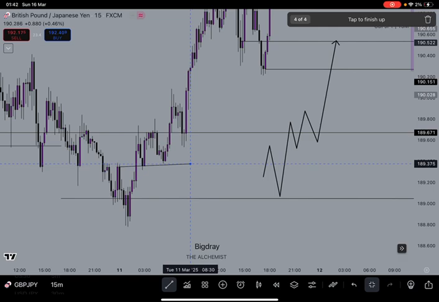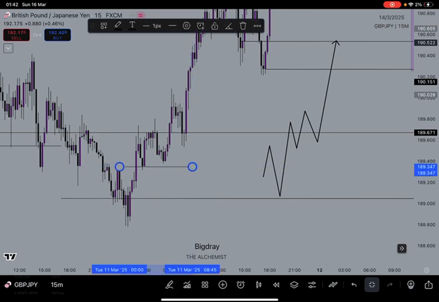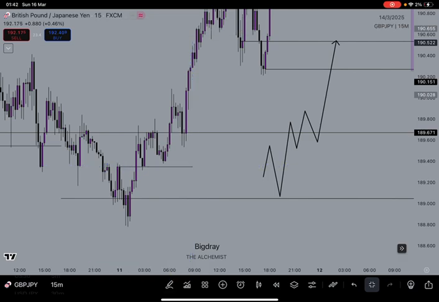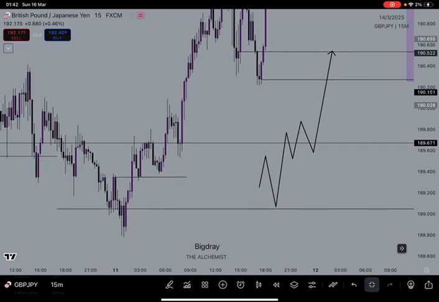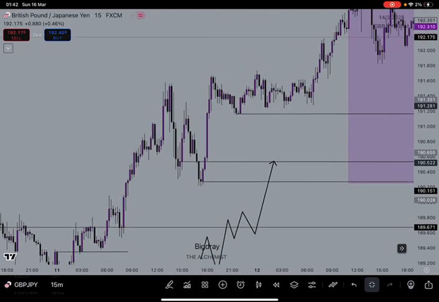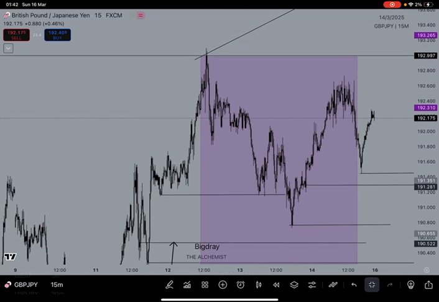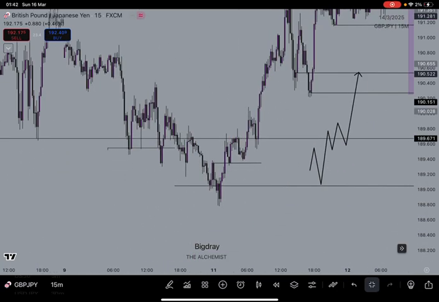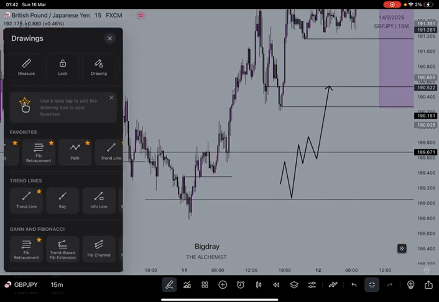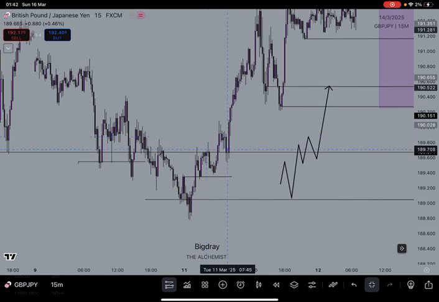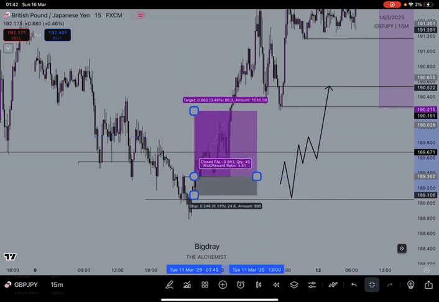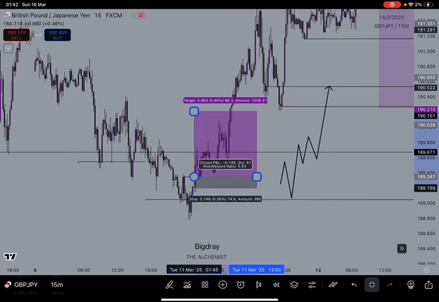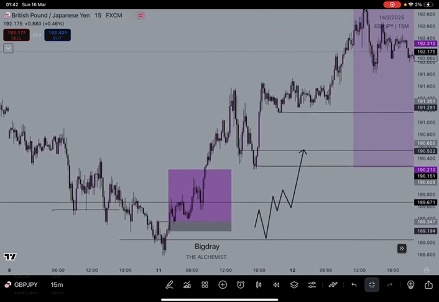You can see clearly the resistance that was broken. That is where the market came back to touch and move, and it has been moving since then. It has been buying since then. Can you see? So if you take this kind of trade like this, this is what you're having.